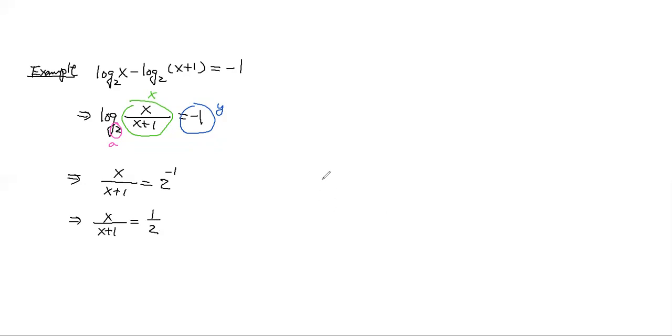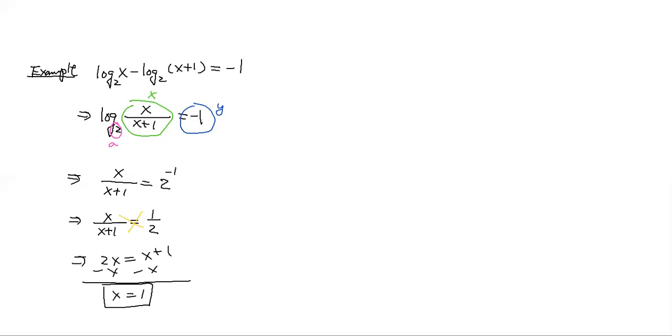And then in order to solve it, I can use the cross product. Then I will get 2x is equal to x plus 1. Then I will minus x from both sides, so I will get x is equal to 1. So that will be my solution here. That's pretty easy. This one is not too bad, right?